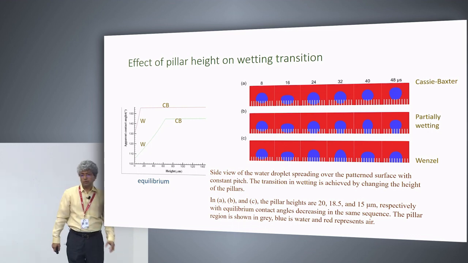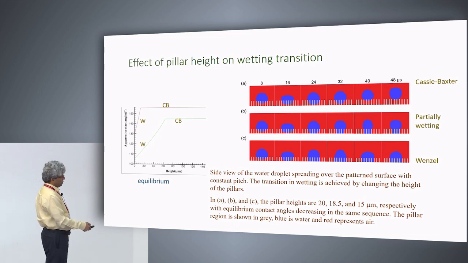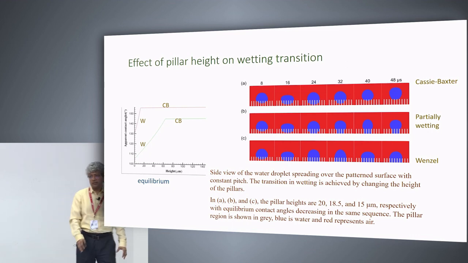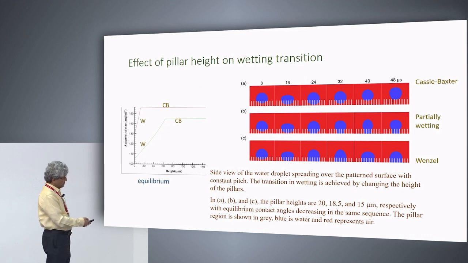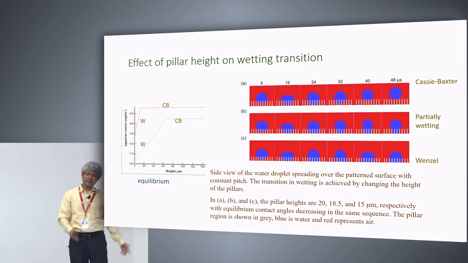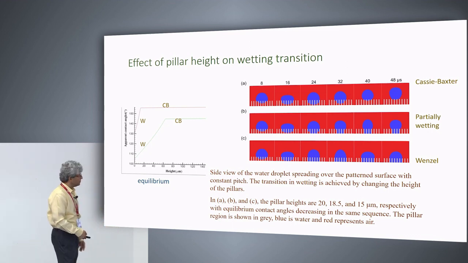And depending on how the drop approaches the surface, it may head towards the Cassie-Baxter state or may go towards the Wenzel state. But the result that tall pillars will encourage higher levels of hydrophobicity compared to short, relative to the pitch, that result comes out through what we may call dynamic simulations, not equilibrium, not static simulations.